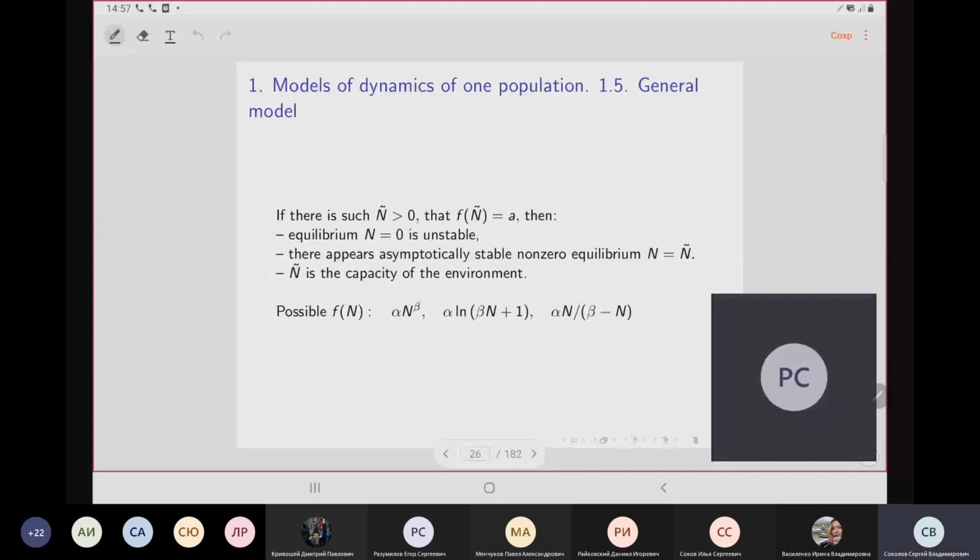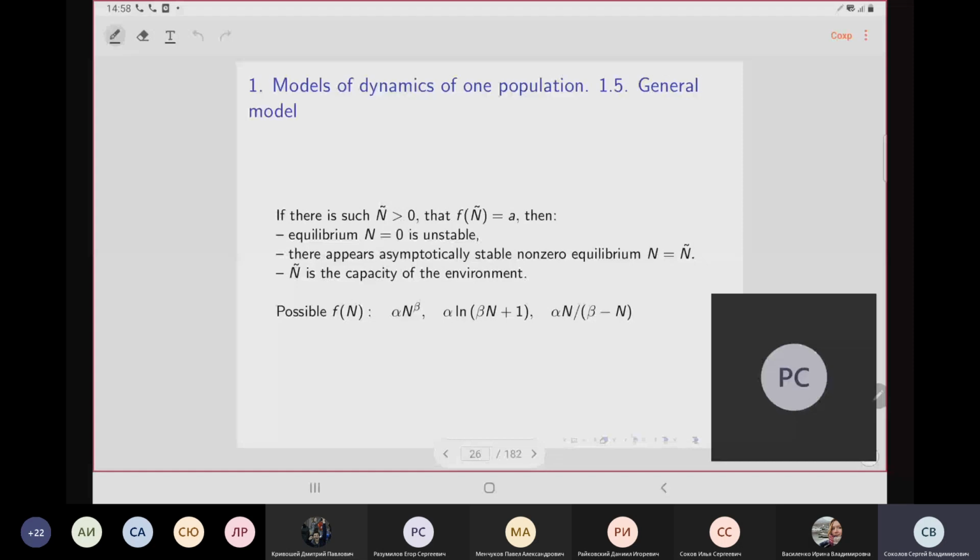As we consider differential equations, we are always interested in stability or instability of our fixed points. So we have 15 or 20 minutes left. Okay, so let us refresh our memories about the stability.